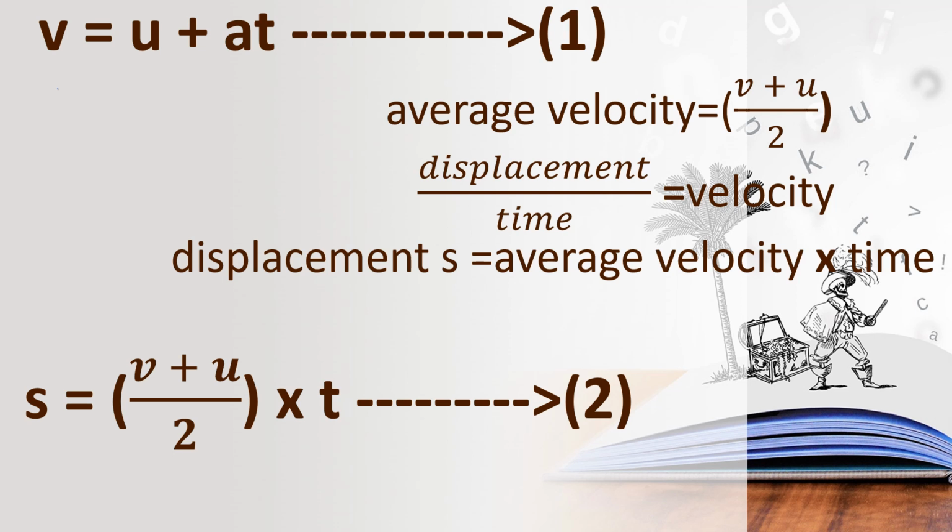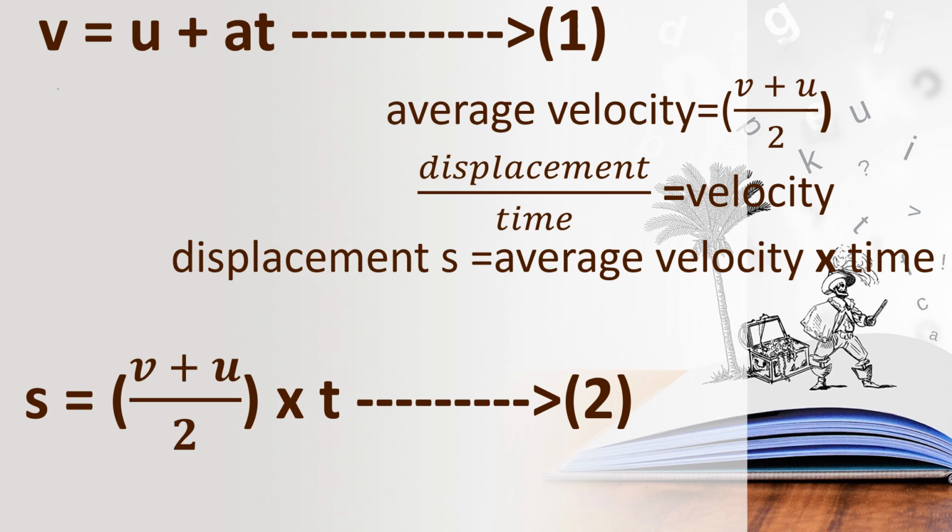So V plus U upon 2. We already learned the formula of velocity. What is the formula to find velocity? Displacement upon time. Velocity equal to displacement upon time. From this we are going to find the displacement.